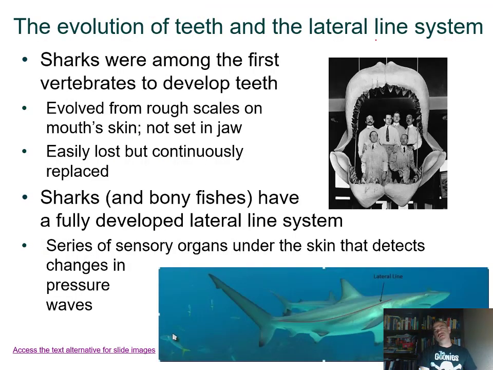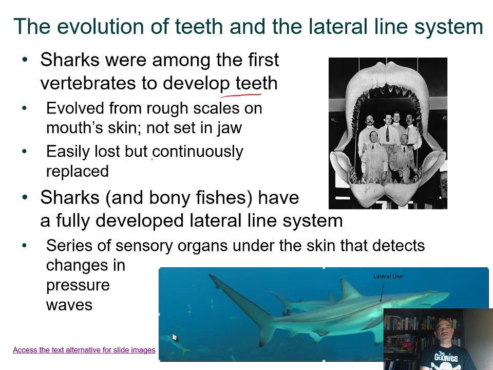And so sharks have some teeth we've come to know and understand. These sharks were among the first vertebrates to develop what we would call teeth. And they evolved from rough scales on the mouth and the skin. So not necessarily originating on the jawbone itself.